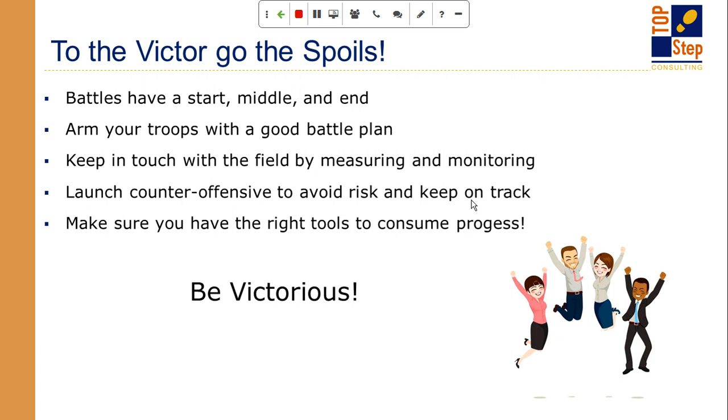And you have counteroffensives ready to go so that you understand how to avoid risks. When things start to go off track very quickly, how can you bring them back on track? And make sure you certainly have the right tools to consume everything as your project progresses, so that you too can be victorious at the end of the day as you're delivering projects.